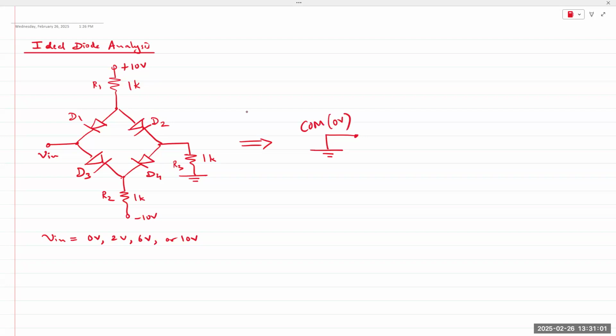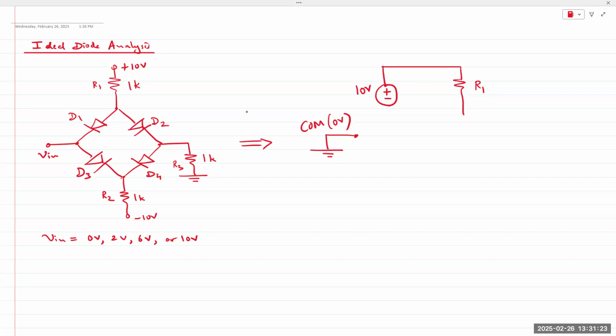Then I have my resistor R1. Resistor R1 is connected to plus 10 volts, meaning this point of R1 is connected to a power supply that has a value of 10 volts.